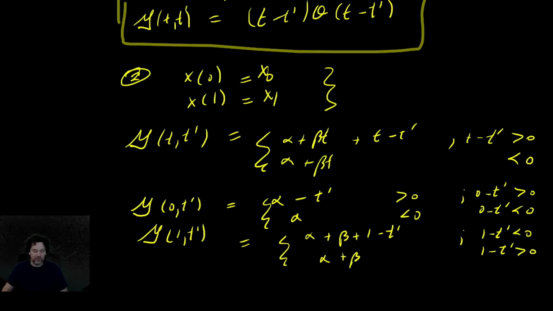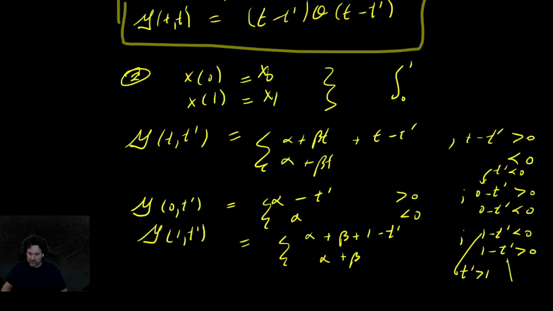Now our Green's function, when we do this convolution, we're really only caring about the convolution from 0 to 1. So t prime is in between 0 and 1. Does that change our domain? Here, this point is t prime greater than 1, so we don't care about that. And here we have t prime less than 0.